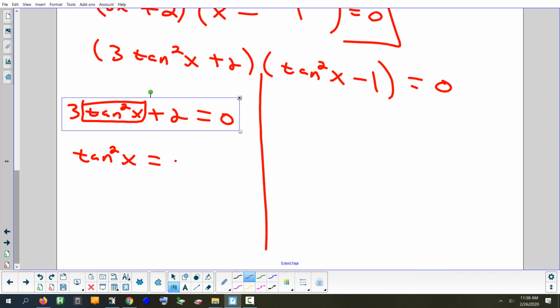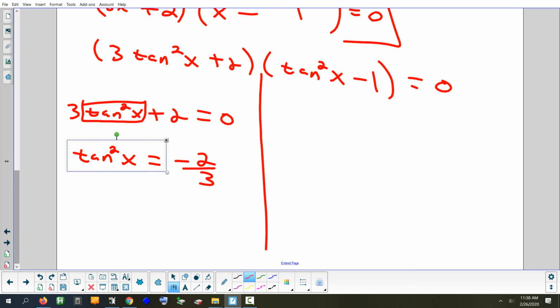Subtract 2. And then? Divide by 3. Now, we're trying to get x by itself. If it's more helpful for you to think of it this way, that's the same notation. Most people don't write it that way, but you can. That is how you have to write it on a calculator. I usually write it the first way.